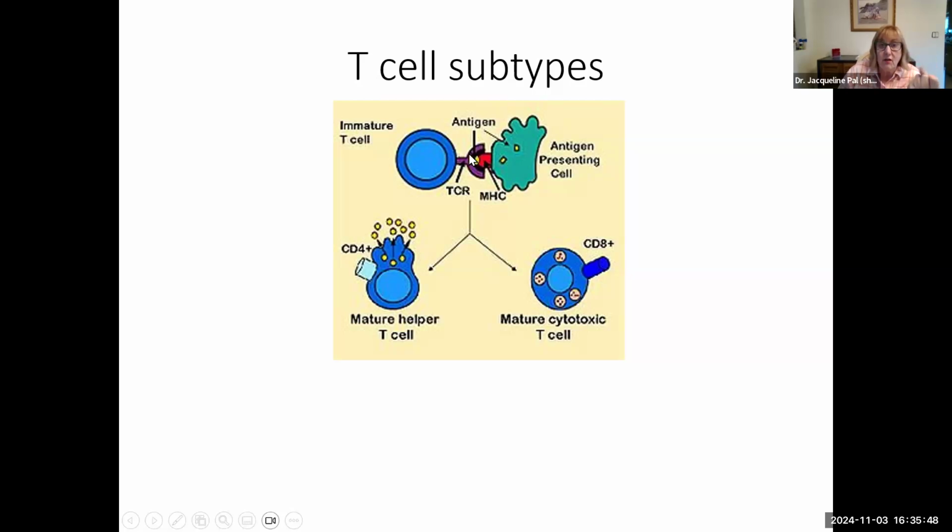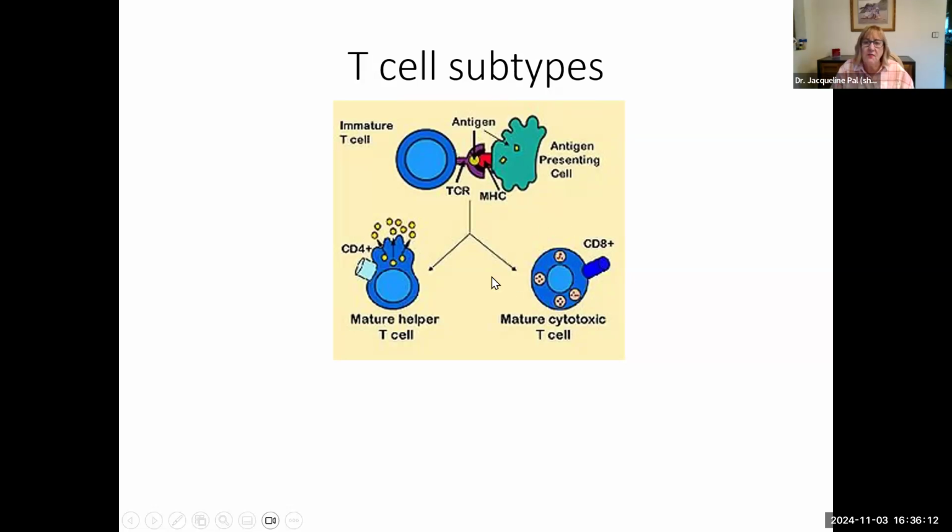The immature T cell goes, oh, I recognize self and I recognize foreign now, and became activated. Okay, so now it's going to make a clone of helper T cells and a clone of cytotoxic T cells. Sometimes they're called CD4 cells, CD8 cells. I'm not going to use those terms in this course.